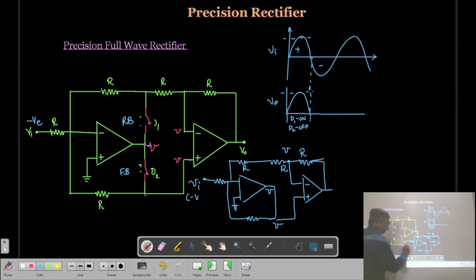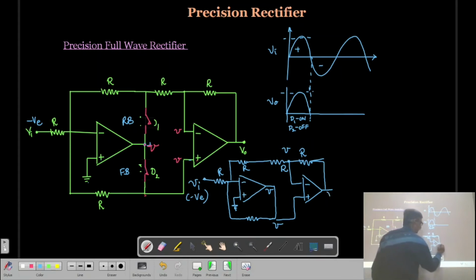It is negative. Try to understand. This is a resistance R, and the output voltage is there. Remember, what we have to calculate? We have to calculate the voltage V. Then only we can calculate the output voltage.